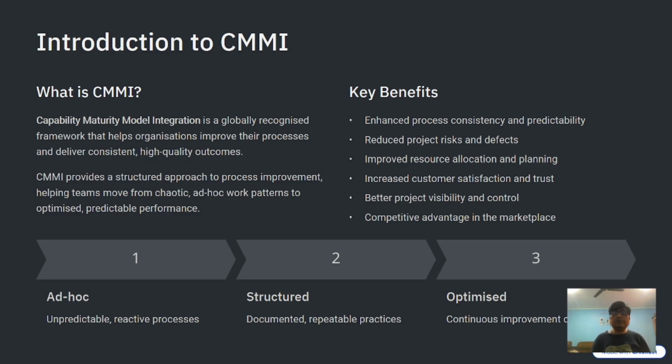Second, reduce the project risks and defects. At the early stage of the project, whenever we get the business requirements, we analyze them and find out defects. Do we have any challenges in the requirements? In the business details which are provided?